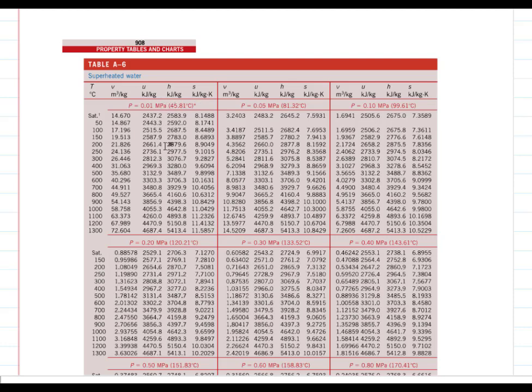So to use this table, we need to know both the temperature and pressure of the water in that superheated region. So here the temperature which we have is 350 degrees Celsius, and pressure is 3 megapascal.